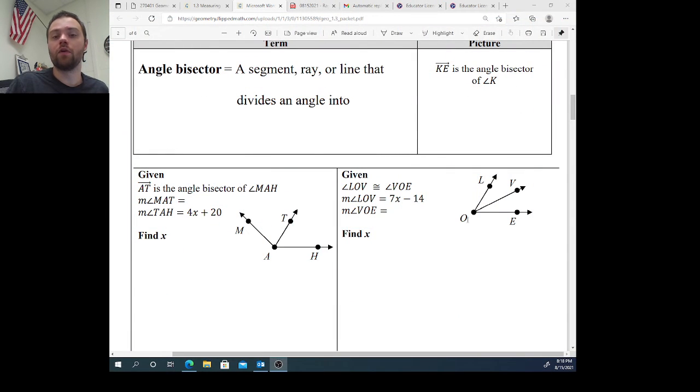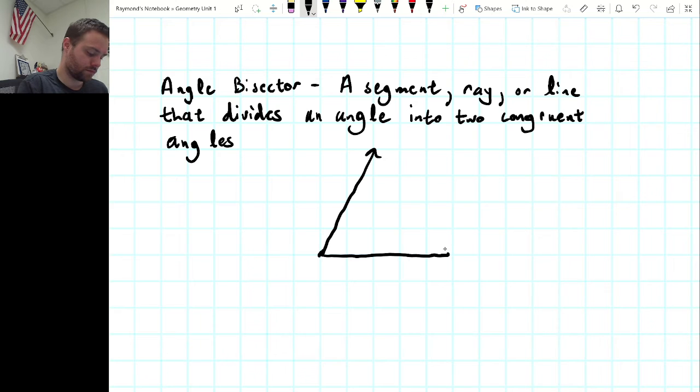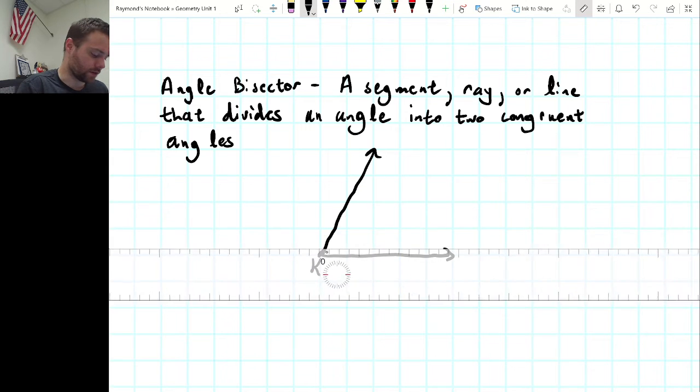And then over here they want you to draw a picture, okay? So you've got KE is the angle bisector of angle K, okay? So let's draw angle K. So it's just some weird angle. So let's say this is angle K. And I'm going to get out my handy dandy measuring tool here.